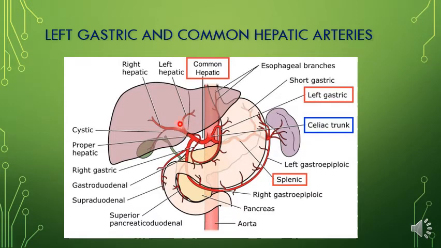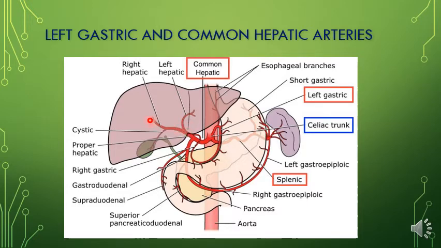So that area is called the porta hepatis. Here the hepatic artery proper divides into right and left hepatic arteries, and these are going to supply the physiological right and left lobes of the liver and undergo further segmental distribution.